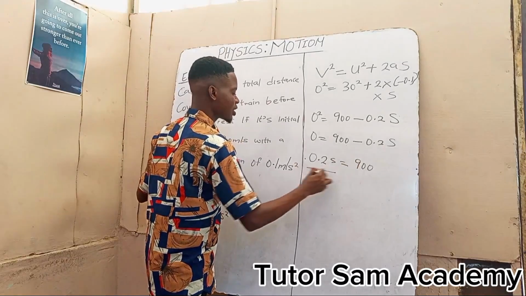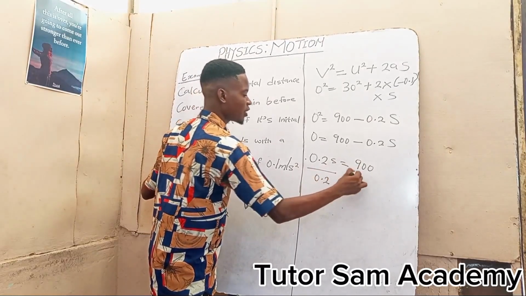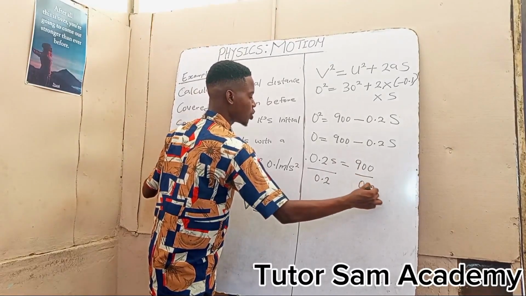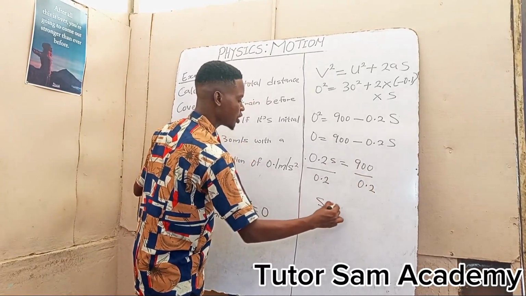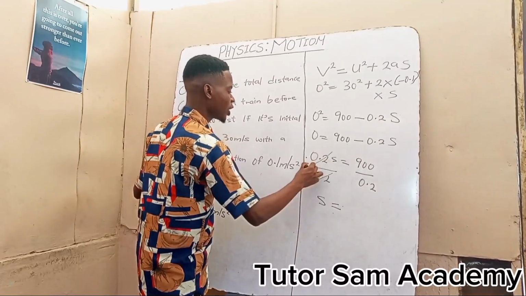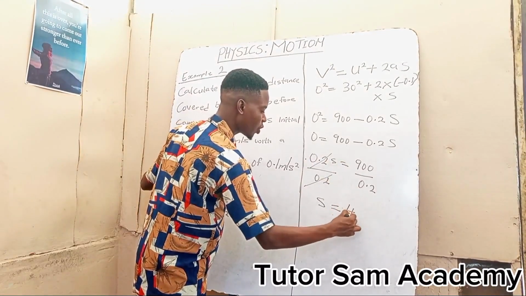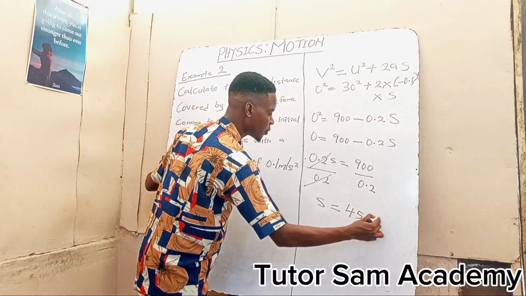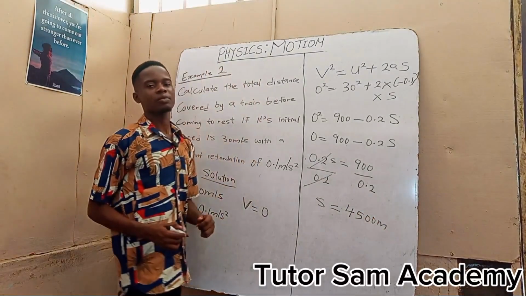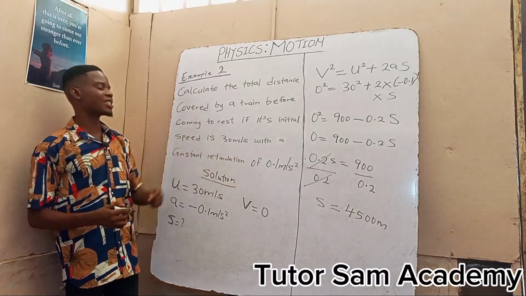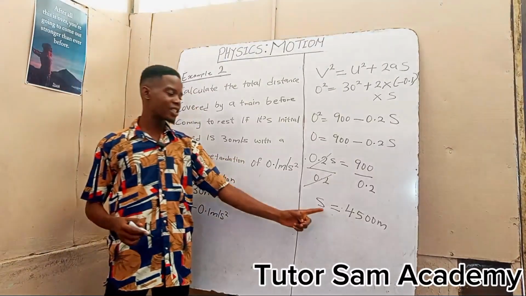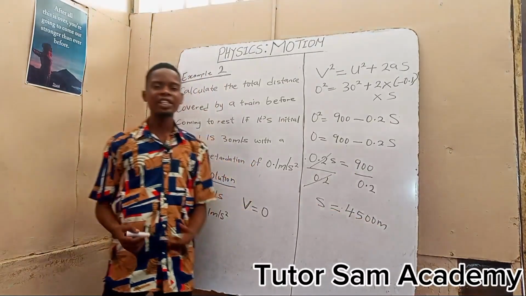So by dividing both sides by 0.2, our S will be equal to 4,500 meters. So this is our total distance covered. The unit of distance is meter.